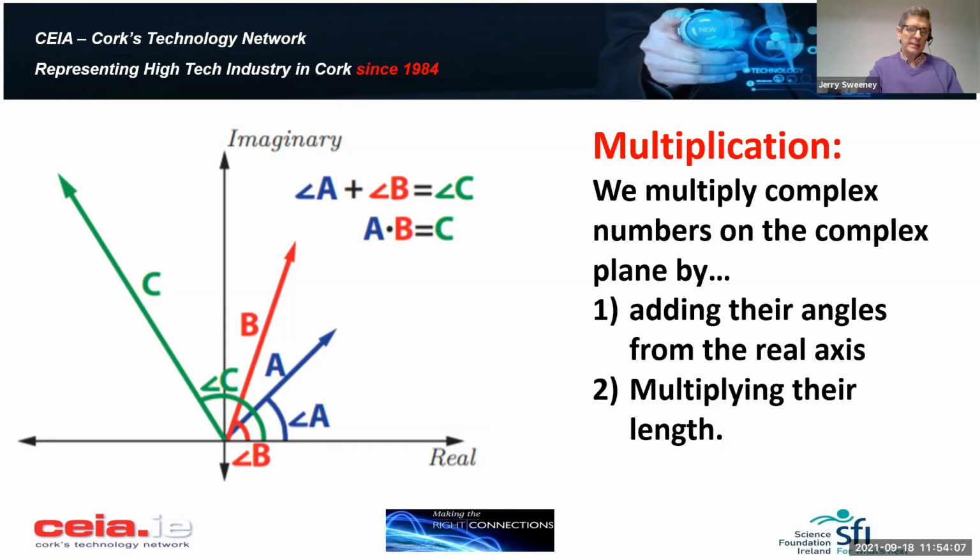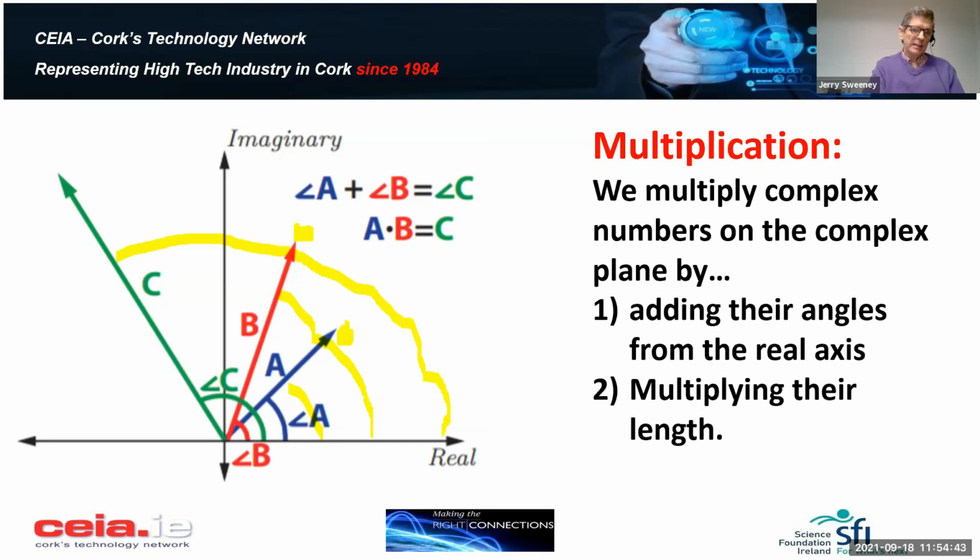So if the first complex number is A, located here, then its angle is the angle A. And the second complex number, B, located here on the Argand diagram, has its angle B here. And what is absolutely amazing is that when you multiply them together, A multiplied by B, you get a new complex number. And the angle of the new complex number is equal to the angle of A plus the angle of B.